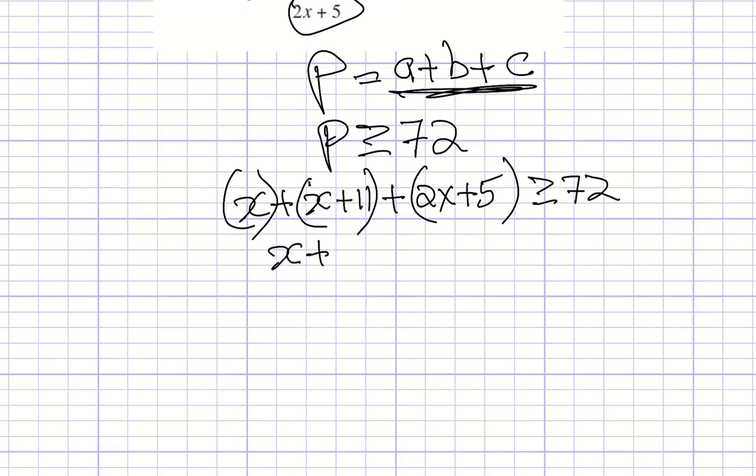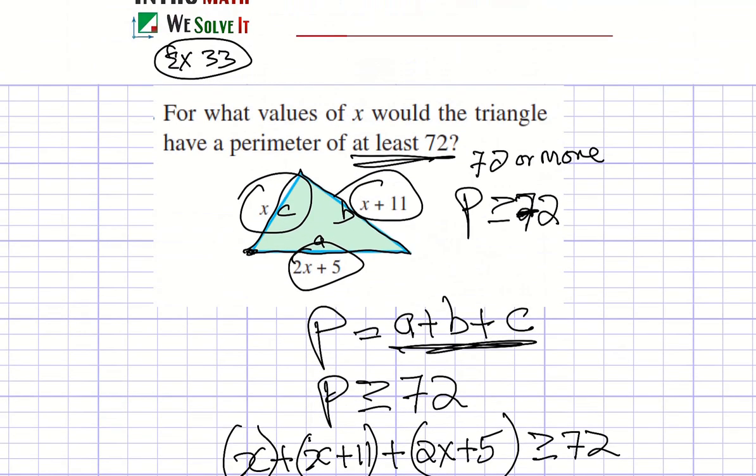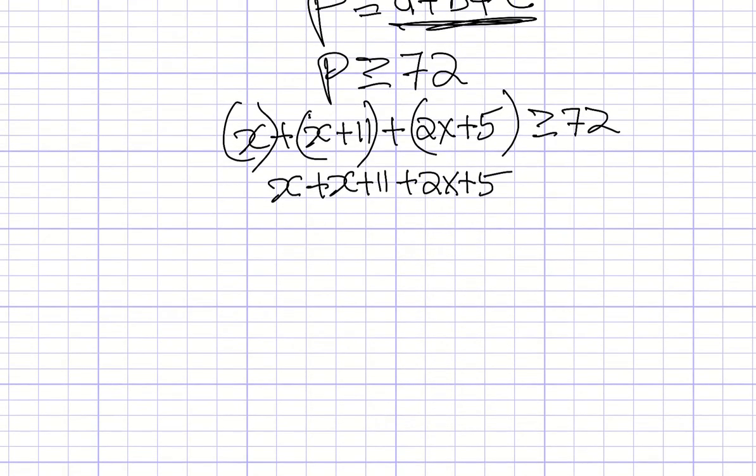You have x plus 11 plus 2x plus 5. Let me make sure I copied everything right. Yes. Then what is that? That is 2, 3, 4. It's 4x, that and that, 4x plus 16, greater than or equal to 72.